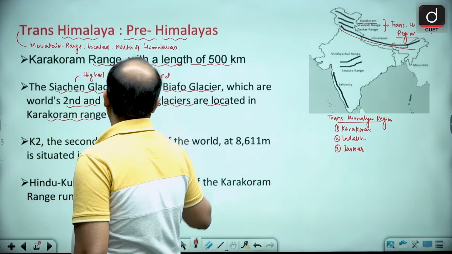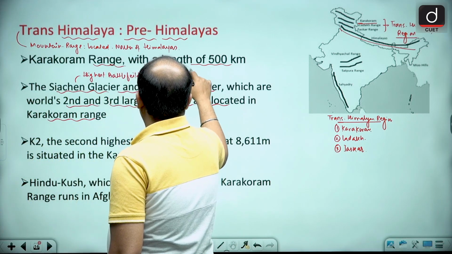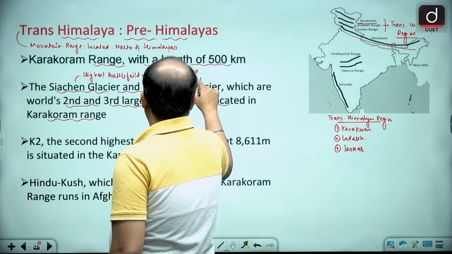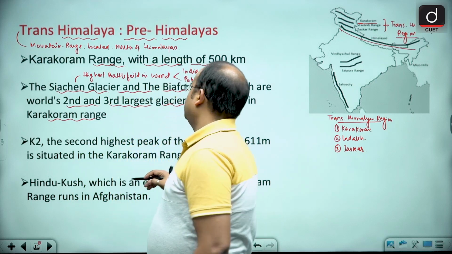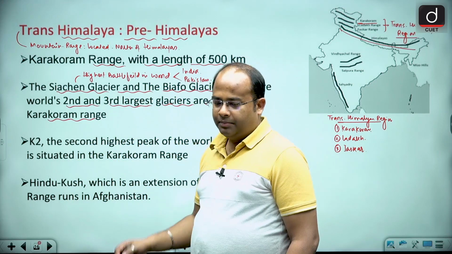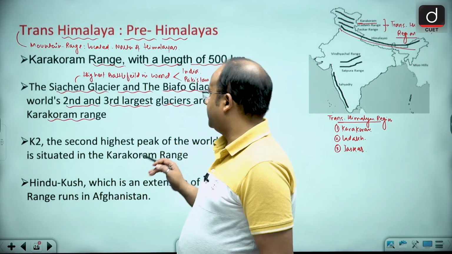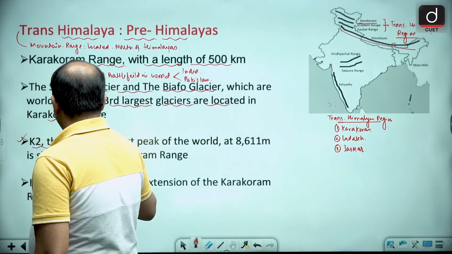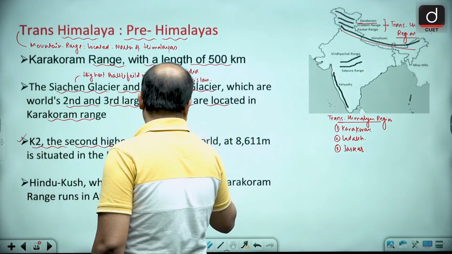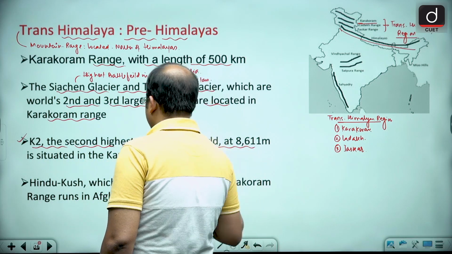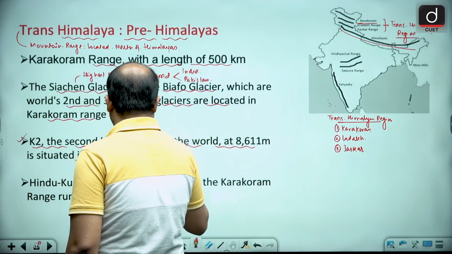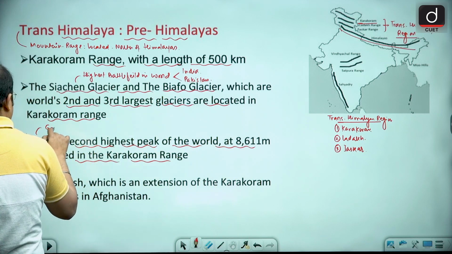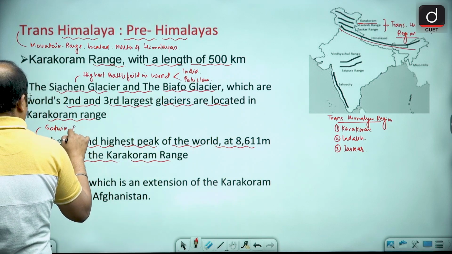It is between India and Pakistan. Siachen Glacier and Bafo Glacier are located in the Karakoram range, and K2, that is called Godwin Austen, is the second highest peak of the world at 8611 meters, and it is located in the Karakoram range.